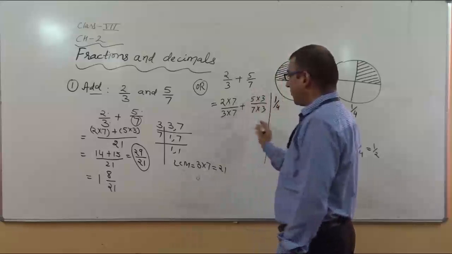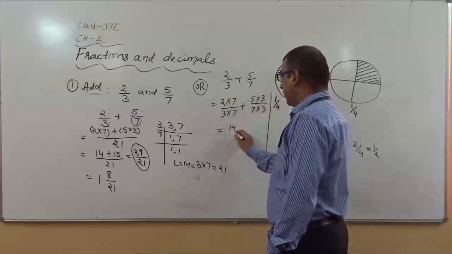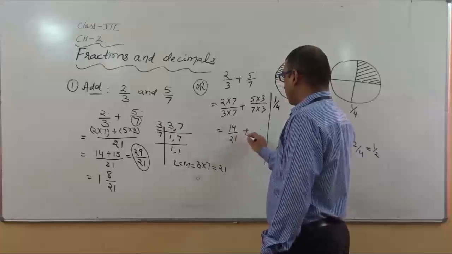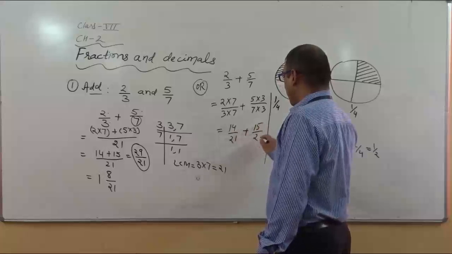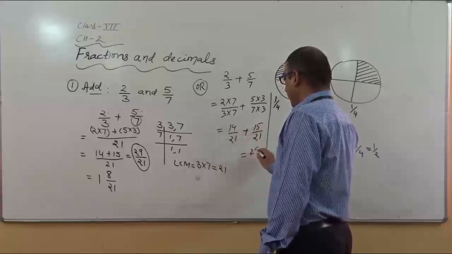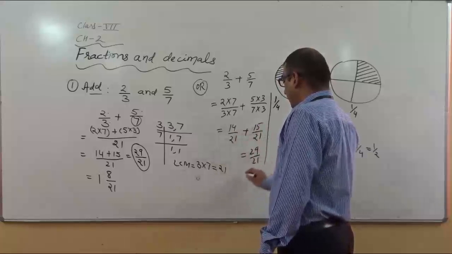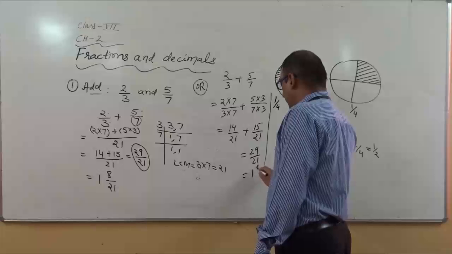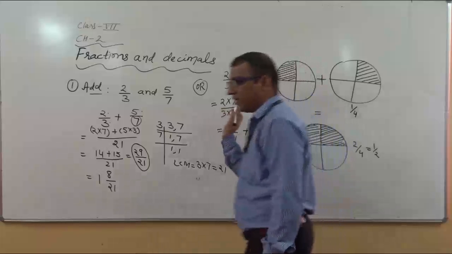This procedure is also possible, and you will get the same answer. So it becomes 29 upon 21, and if you want to convert, it becomes 1 and 8 upon 21. Both methods are correct.